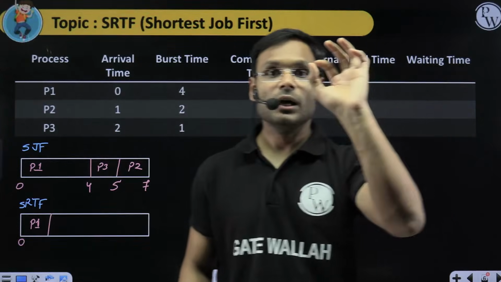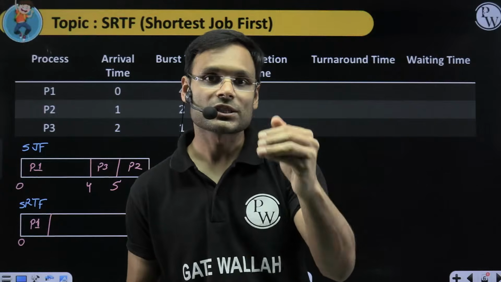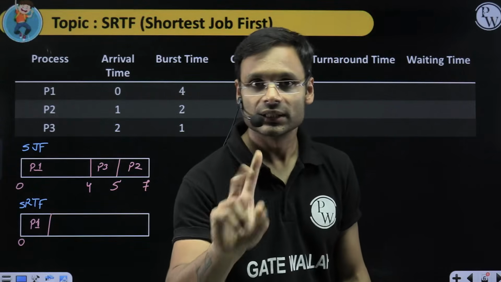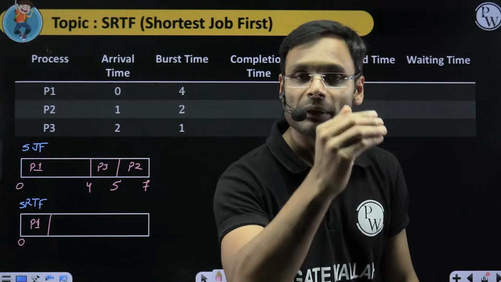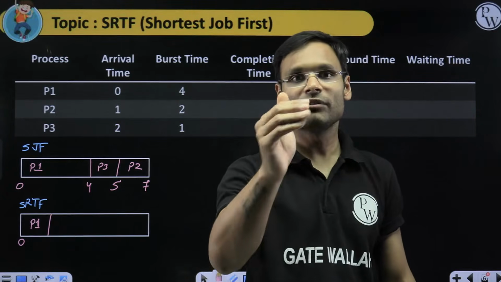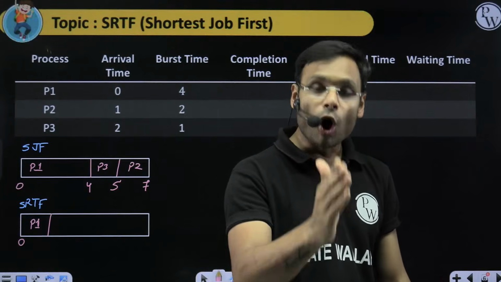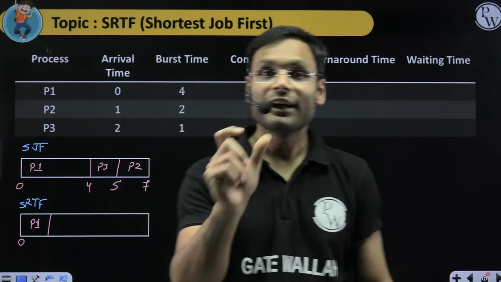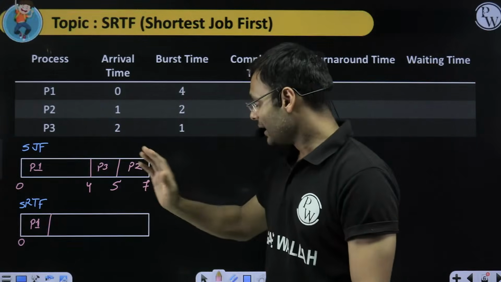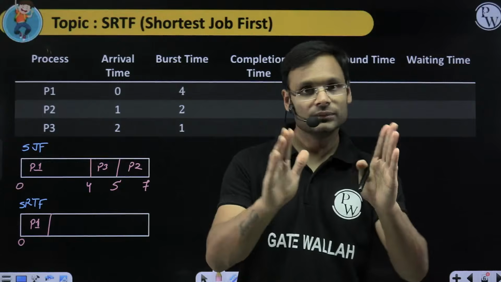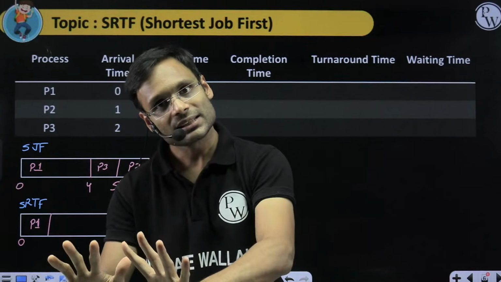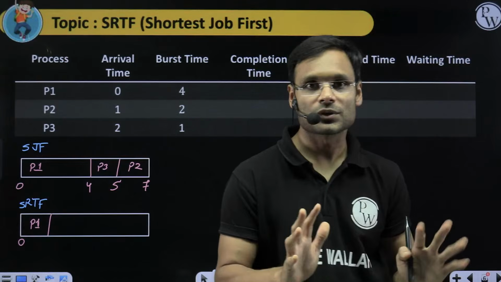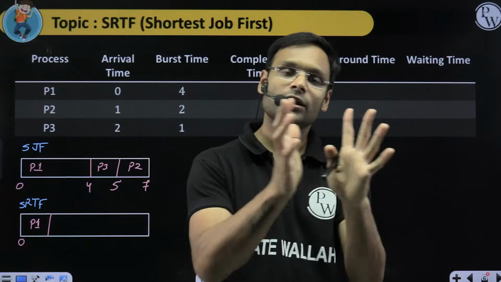Remember, the scheduled process will run till one of two conditions: either P1 completes, then only P1 will leave the CPU, or a next process arrives. Whichever comes first, do that.